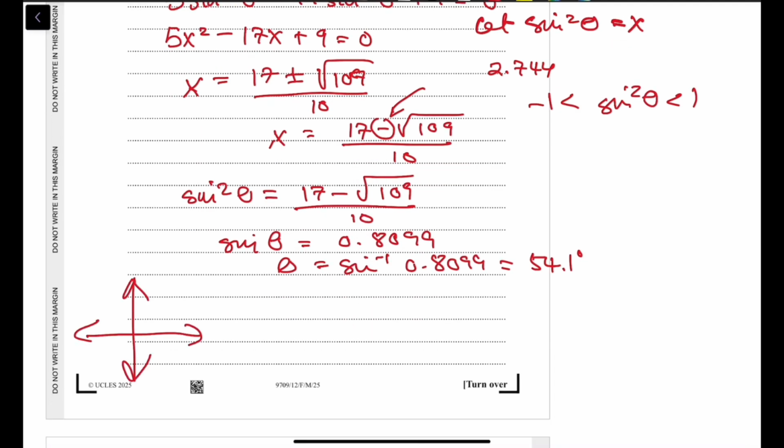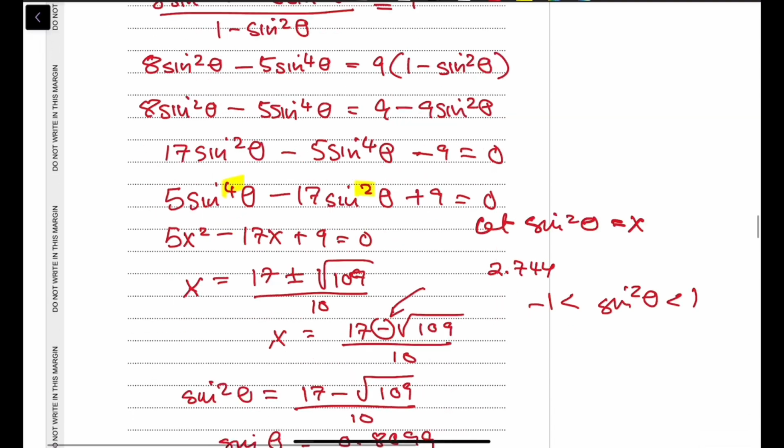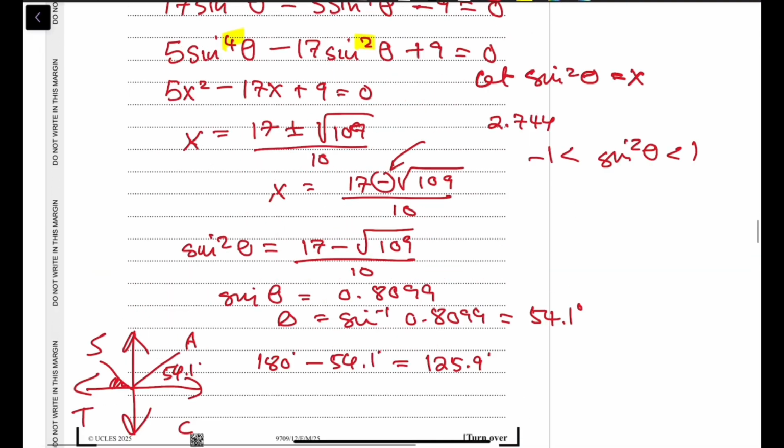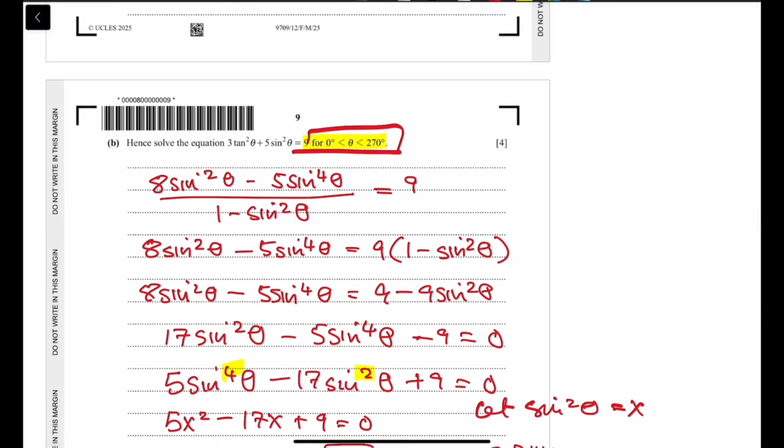If we draw the CAST diagram, one value, which is 54.1 degrees, will lie here, and the second value will lie here. That is equal to 180 degrees minus 54.1 degrees, which equals 125.9 degrees. This is all to 1 decimal place, and it's not quite done yet.